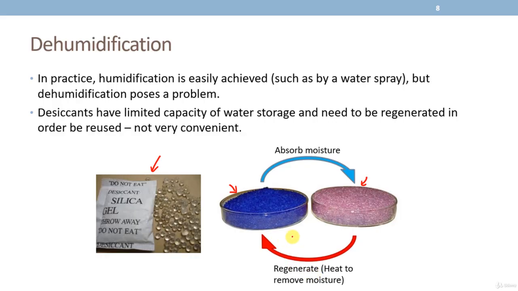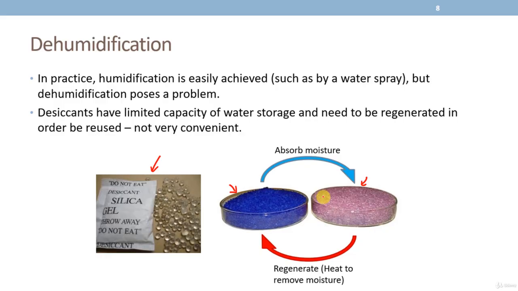How to regenerate it? You have to heat it up such that the water inside the chemical will start to evaporate. Then this process has to be repeated. So in a building context, this is almost impossible. You cannot just introduce a lot of this desiccant and do these regenerative processes again and again. It's too much of resources.